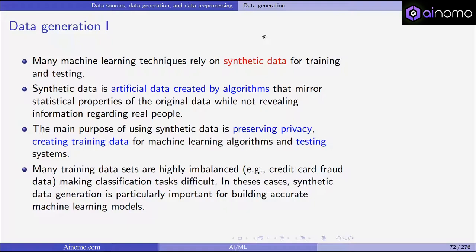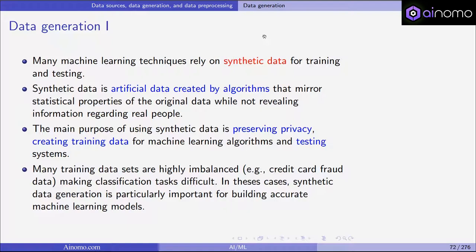So synthetic data is artificial data, usually created by algorithms, sampled via simulations, that should mirror statistical properties of the original data as well as possible, while not revealing information on real people. So we want to preserve privacy, we want to create training data for our algorithms, and we want to test our systems.